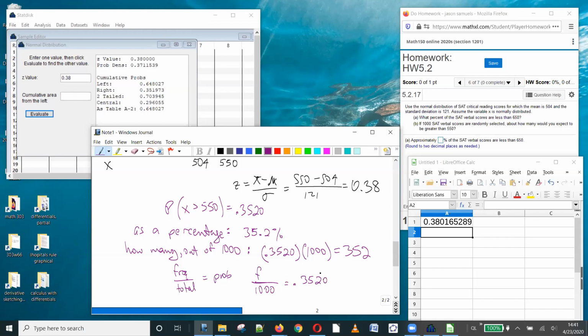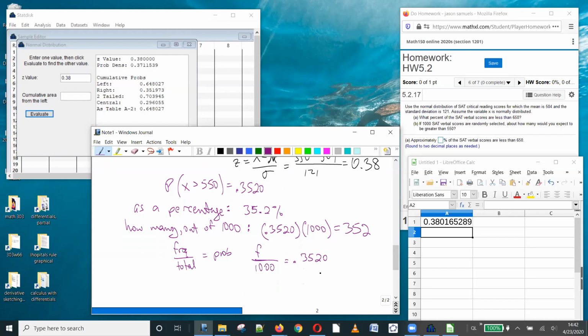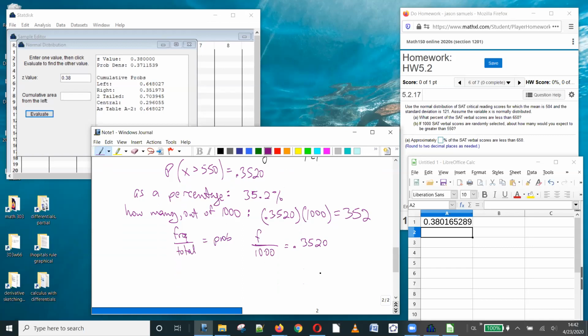So if you want to find how many out of 1,000, from our definition of probability, it's 0.3520 times 1,000. This goes back to the definition of what is a probability. So it's a little sneaky, but that's how that one works.